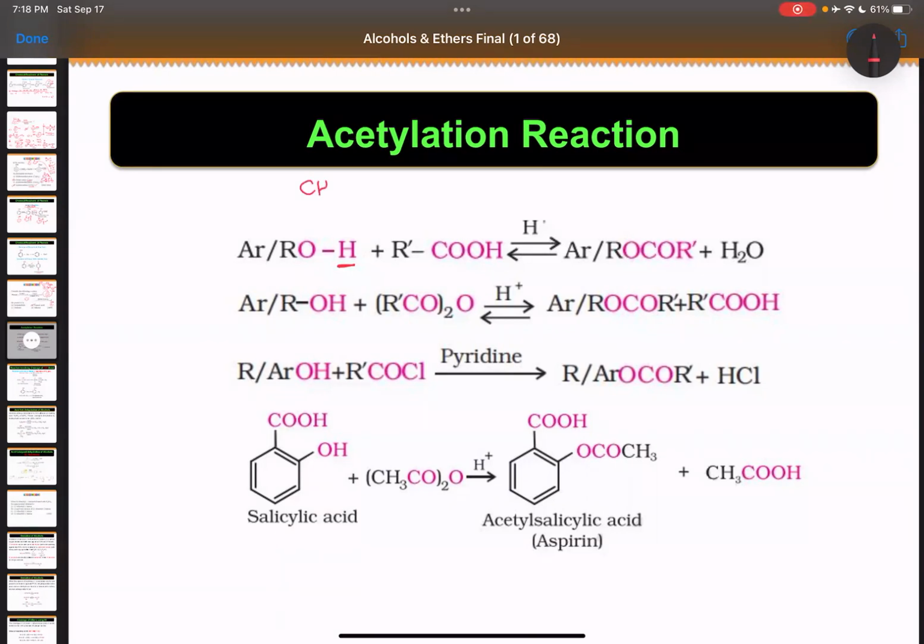So if you take an alcohol and react it with an acetylating agent, one is acid chloride. This is one acetylating agent. The other acetylating agent is acetic anhydride.